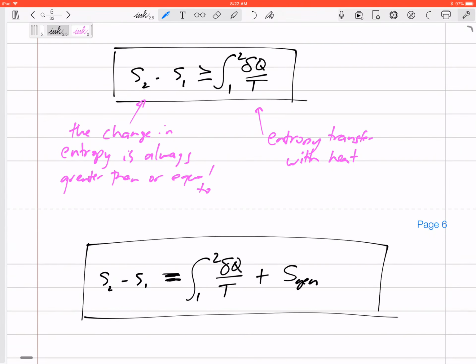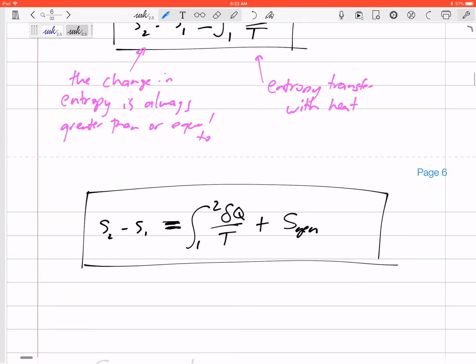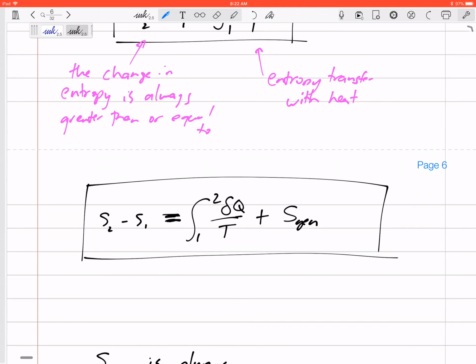Right? Does that make sense? If the entropy change is always greater than some value, then let's say it's equal to some value plus some positive term. So that's just lowercase delta Q over T.